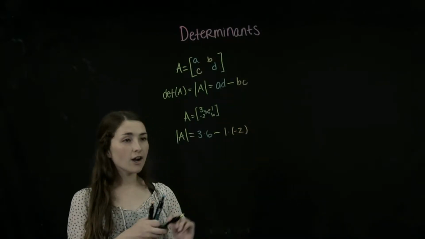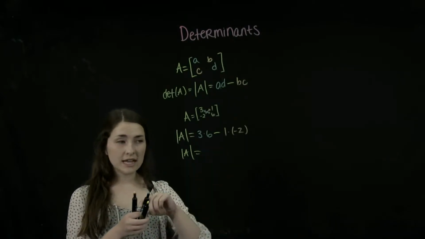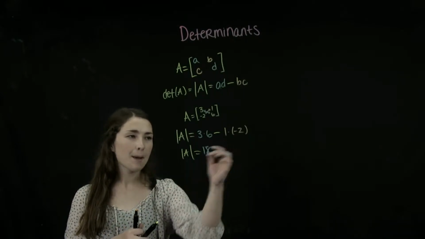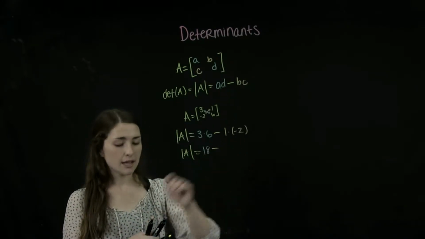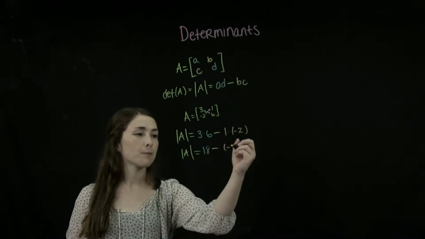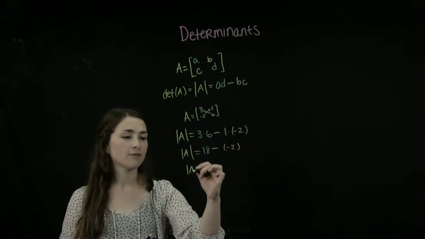So the determinant of A is equal to 3 times 6, which is 18, minus -2 times 1, which is -2. So we see that the determinant of A is equal to 20.